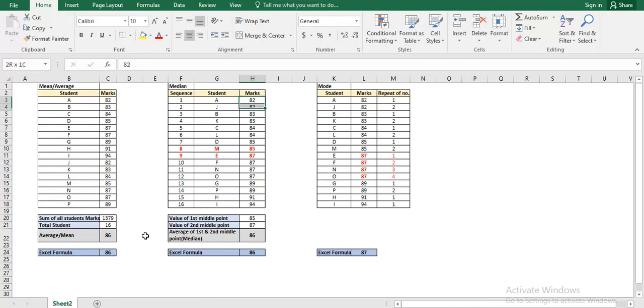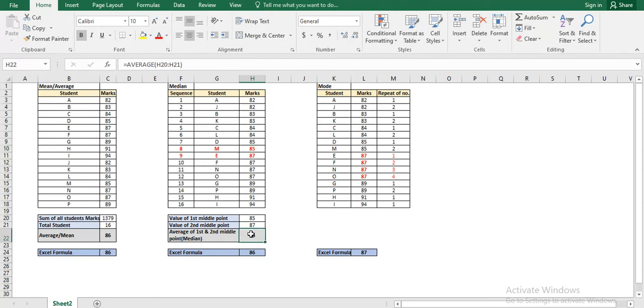Like if I have 5 observations in my data set, I will take this one value. But here it is even, so we take the middle two values and then average them out. The first middle value is 85, the second is 87, and when we average them it becomes 86.